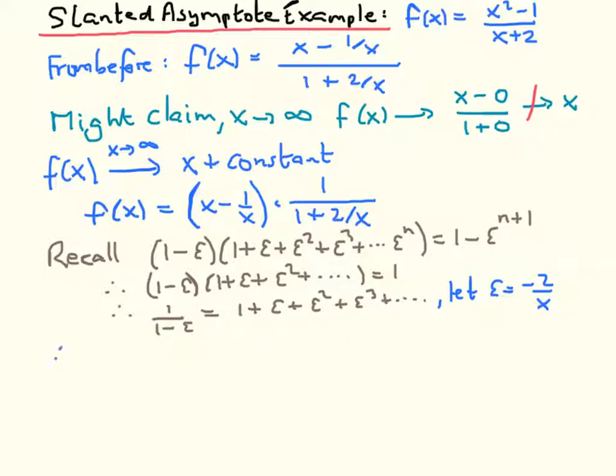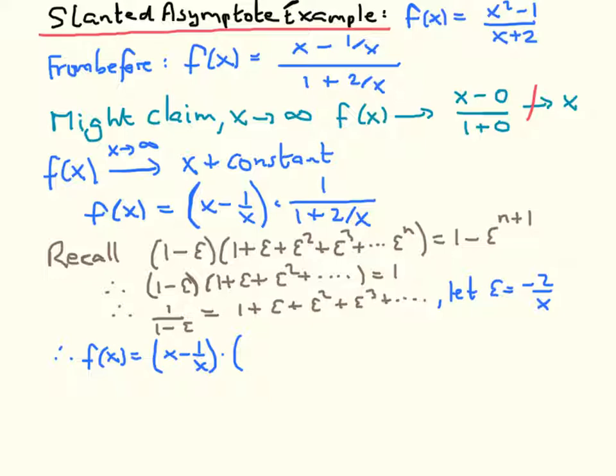So therefore, f of x is x minus 1 over x, brackets, all multiplying, and now all we're doing is rewriting this using this relation with epsilon being minus 2 over x.